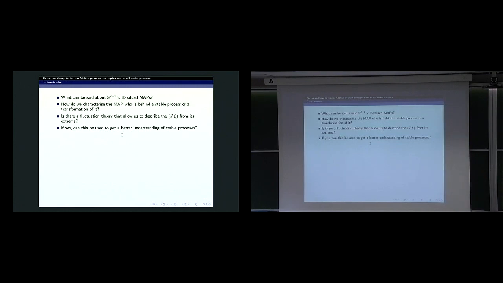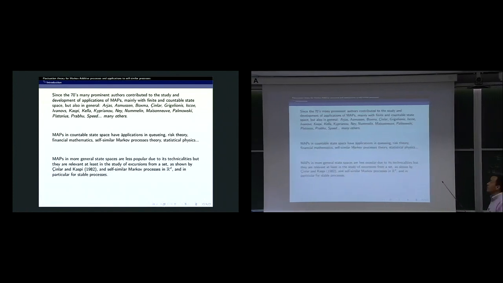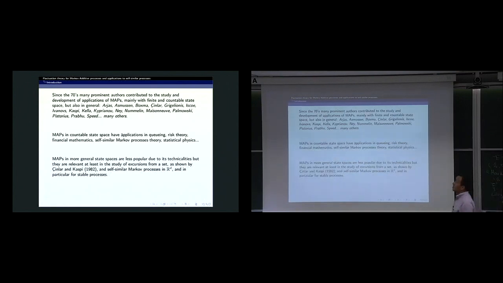Well, the answer to all these questions is yes. We can say a lot of things about all these processes because they still have a nice structure. Although it's more complicated, there are a lot of things that can be said. This was noticed in the 70s, when Markov additive processes appeared in connection with queuing theory in particular.